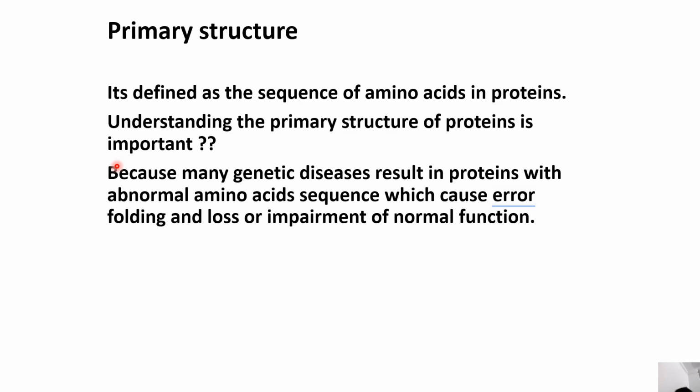If it's the most simple level of protein, then why is it so important? Because many genetic diseases arise from mutations in the gene and abnormalities in this primary amino acid structure, right? Which causes errors in folding, loss of function, impairment of normal function, all of that.